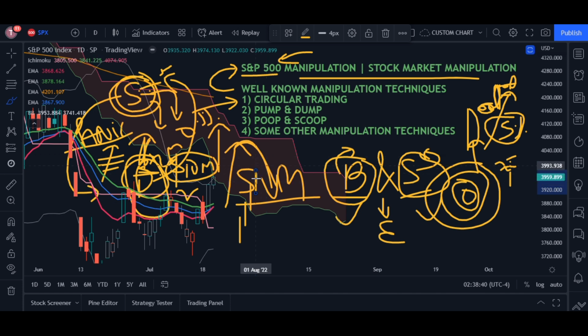Because if the price of a stock moves up continuously, on a daily basis like 3 to 4%, 5% every day, everyone will definitely notice the movement in the price. So in order to avoid that, one day it was up, the other day it was up, and the third day it will be a bit down, or the stock price will hold, because on the third day they are not going to trade.